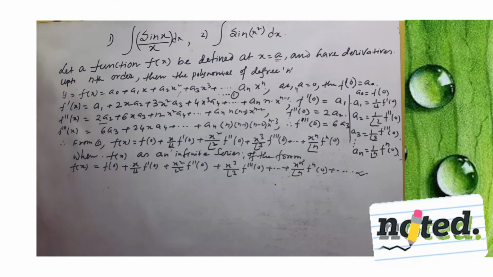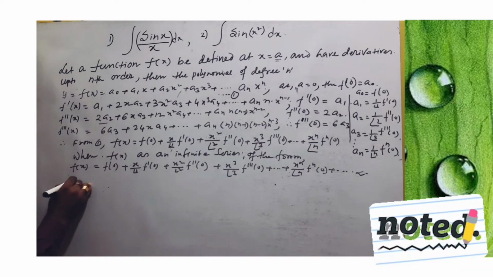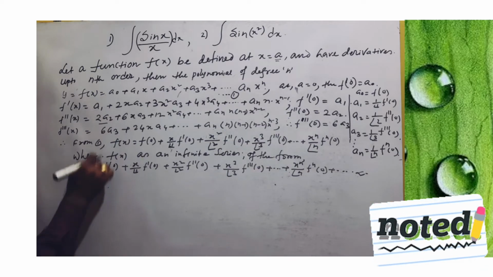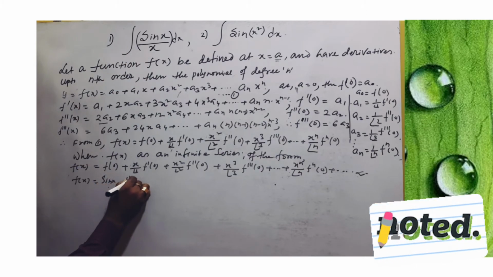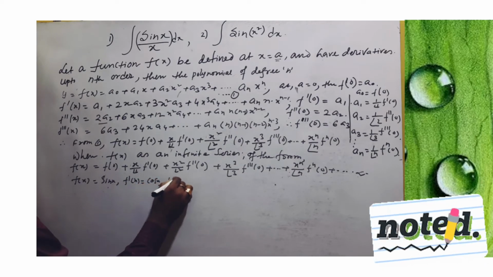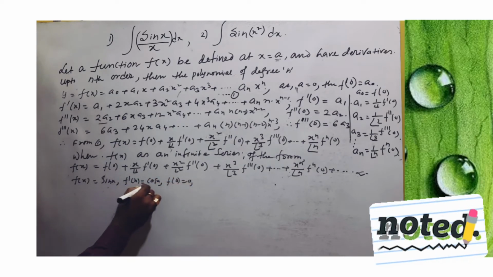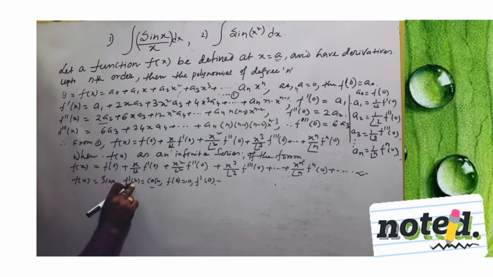Now expand the sine series. See, f of x is equal to sine x. If we differentiate, we get cos x. Therefore f of 0 is 0 and f dash 0 is 1.